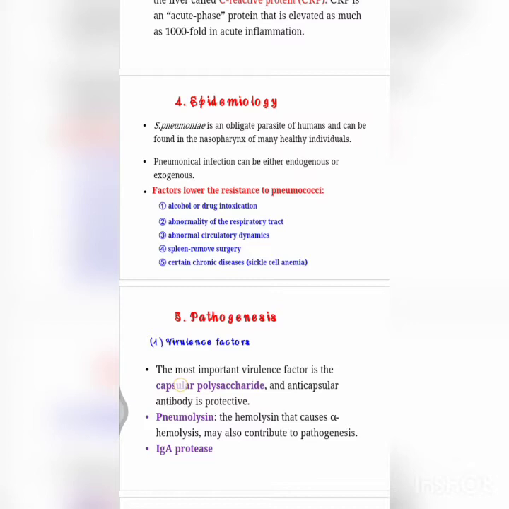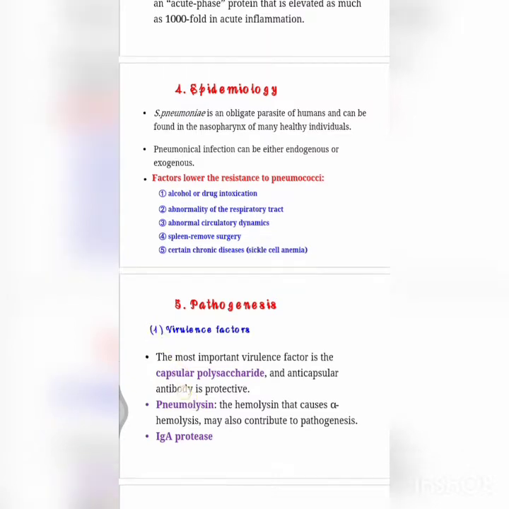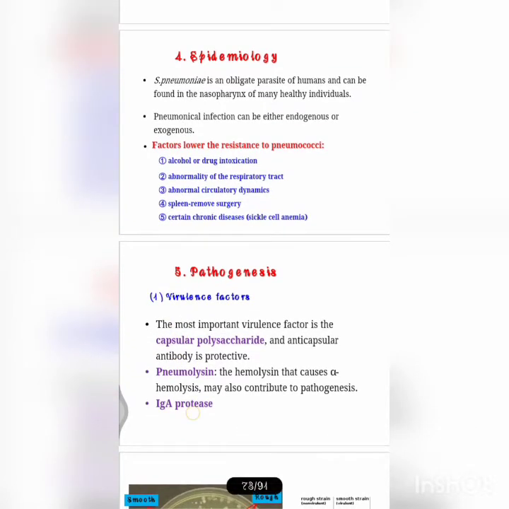When the spleen is not there, and also in sickle cell anemia, where the spleen is not performing well. In all these conditions, this is normally a normal microbial flora, but when there is weak immunity, for these reasons or any other reasons, it may lead to disease.